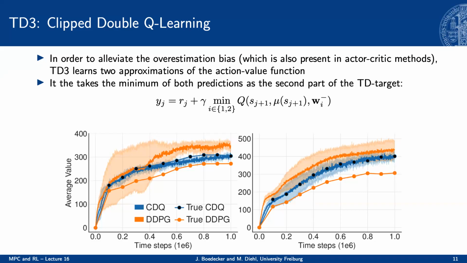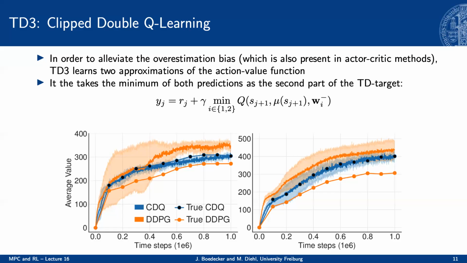So it will have, again, two versions of the parameters for the Q function. So you have W1 and W2 for the target nets, and then you take the minimum Q value for either W1 or W2 bar.